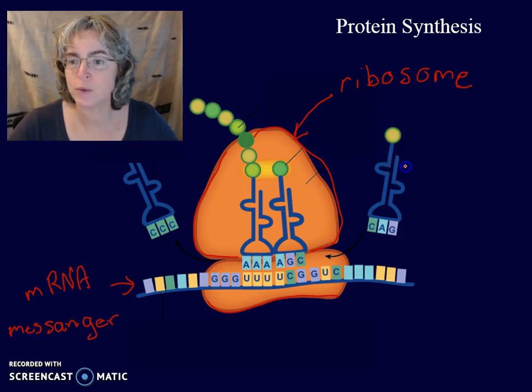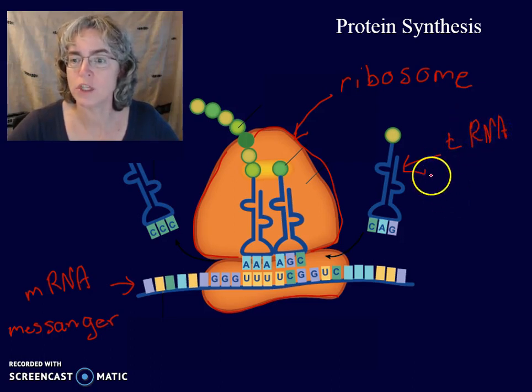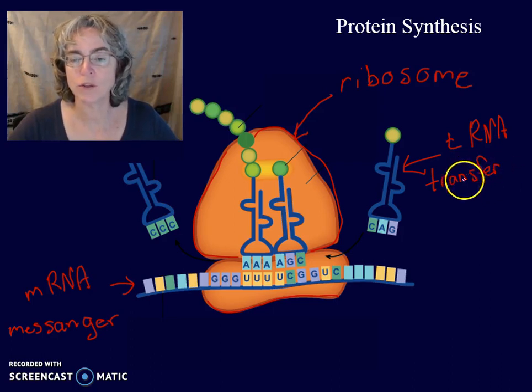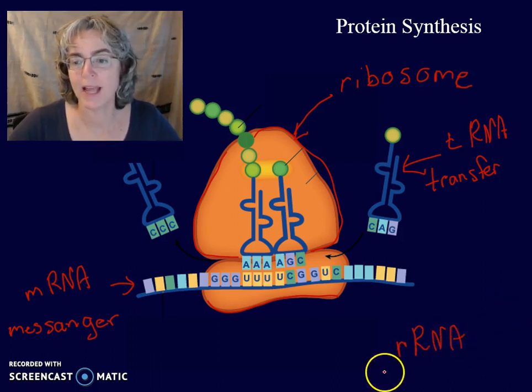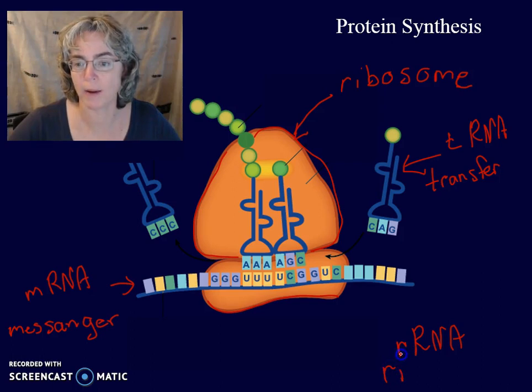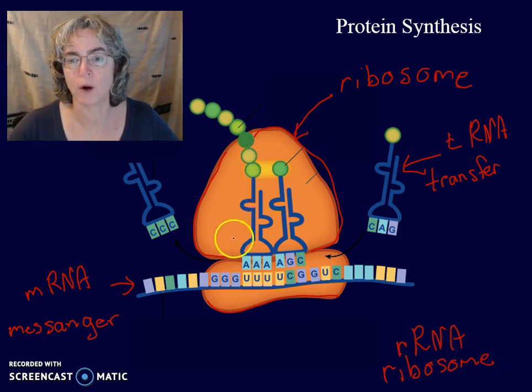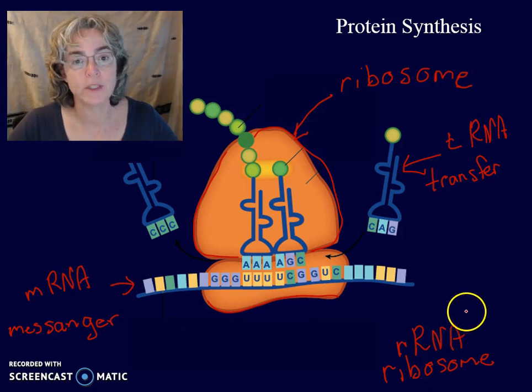The other one is this one right here, our tRNA molecule, which stands for transfer. And then there's another called an rRNA molecule, and that's the ribosomal RNA. So this molecule right here, our ribosome, is made up of RNA and proteins.